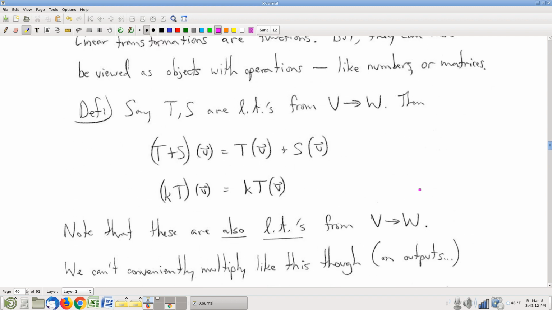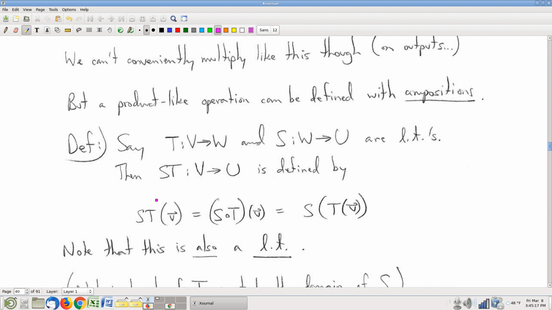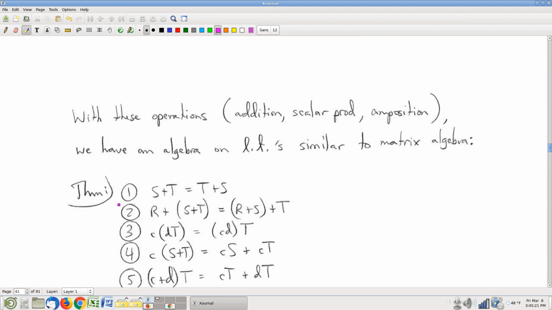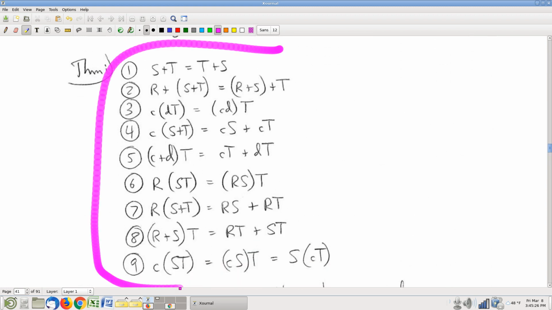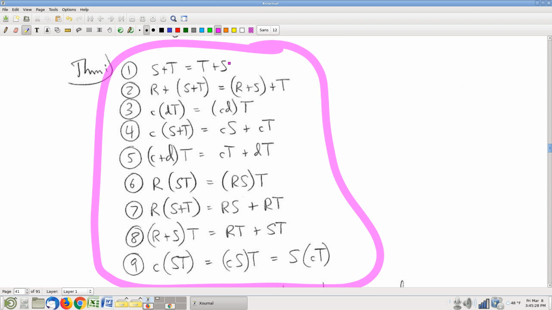So, we've got an addition, we've got a scalar vector multiplication, we've got a vector product, and with all of this together, we have an algebra. And look at all these properties. Isn't this nice?